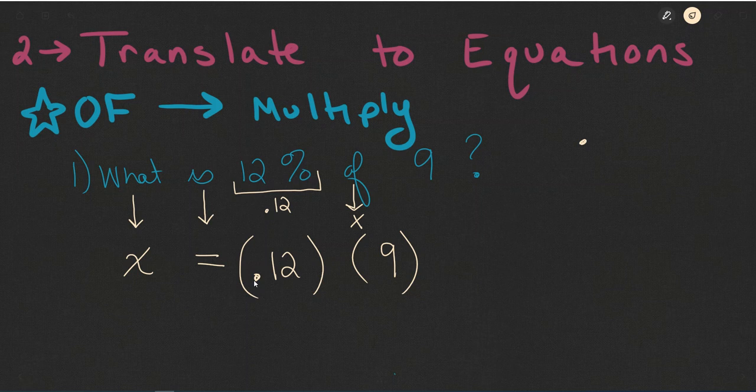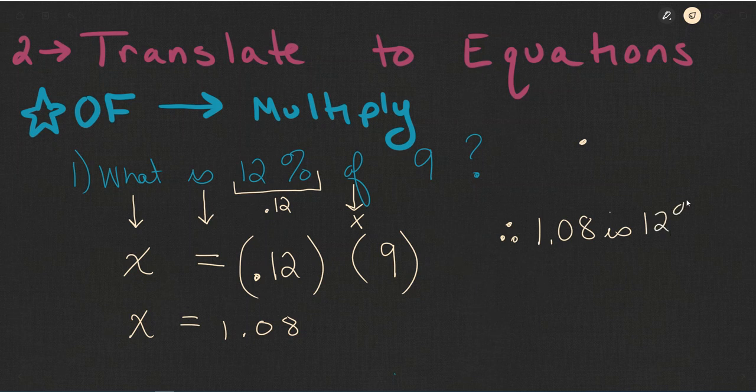So it's often easiest to simply write this in parentheses. When I put this in my calculator, I get 1.08. So I could say, therefore, 1.08 is 12% of 9.